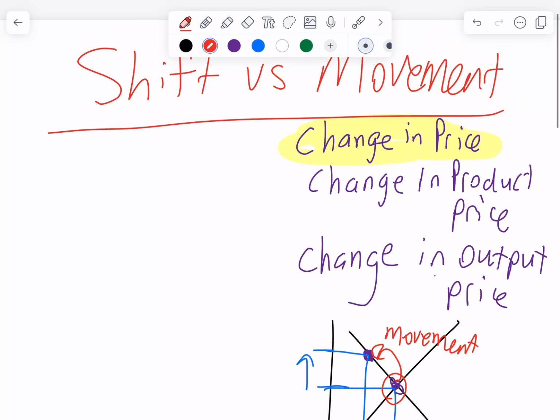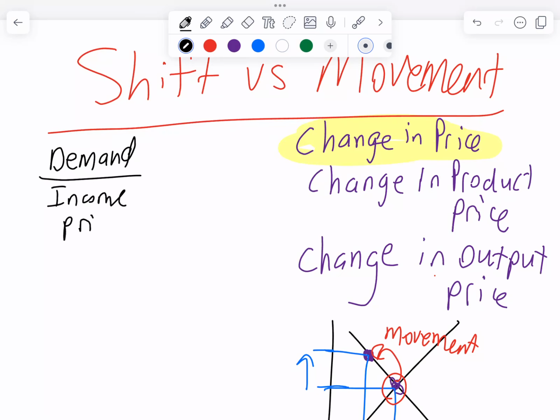A shift, on the other hand, comes from any other change. So if we're talking about demand, right, the things that cause a shift in demand are going to be your income, the price of substitutes, the price of complements, the number of buyers, right?